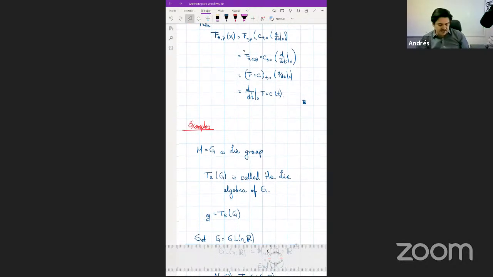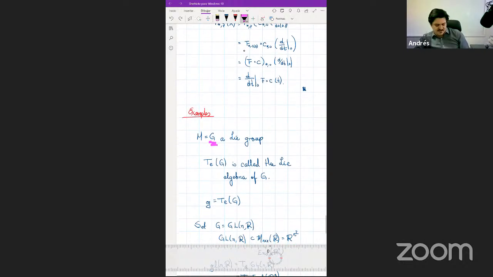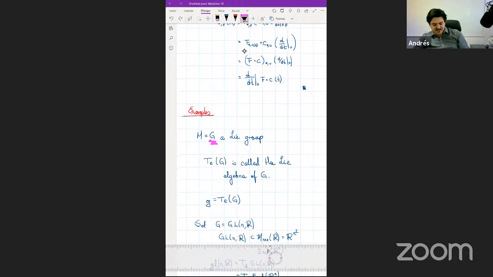So for instance, let's be more specific. For G, take the linear group. We have seen that this is a group. It fits inside the Euclidean space, where the Euclidean space is identified with the set of n by n matrices.